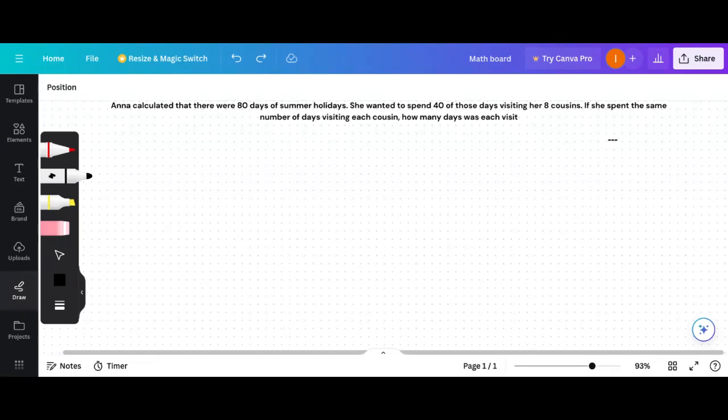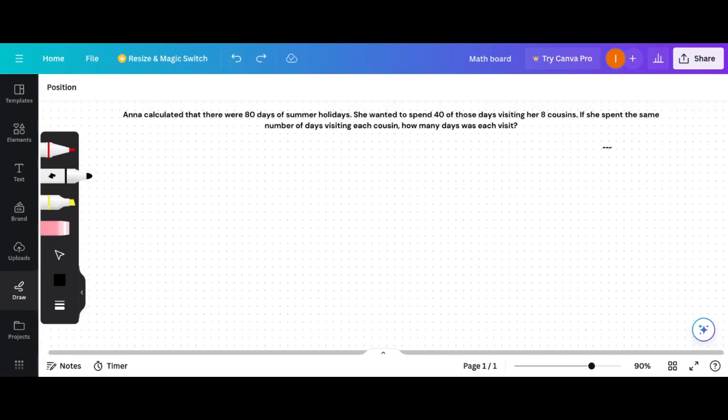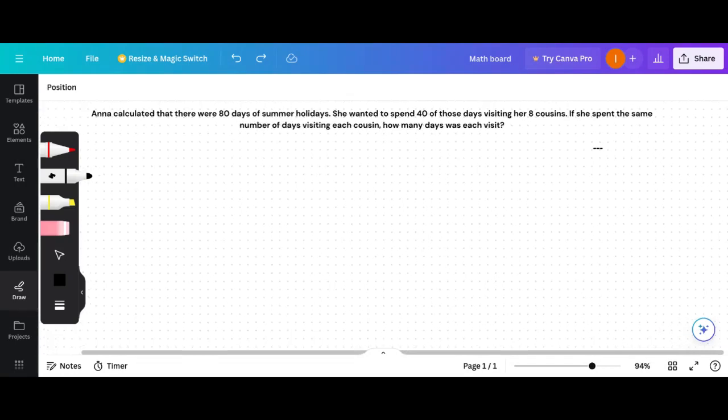So here we're just asking ourselves, like the first one, what is the question here? So clearly it's stated in the paragraph. How many days was each visit?